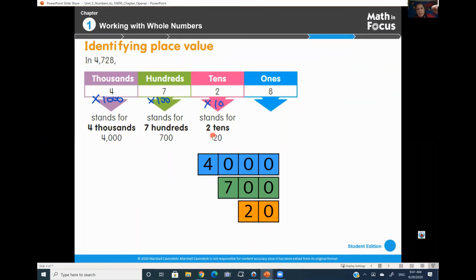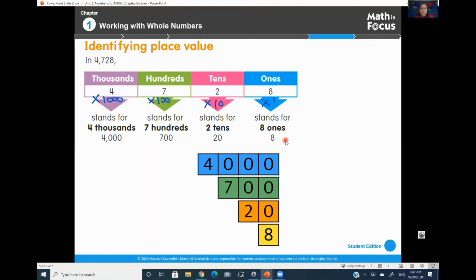And then finally, we have the last number, which is 8 times 1, because it's in the ones place. So the answer is going to be 8. So that's the value of 8, because it's in the ones place. So the 8 stands for 8 ones.